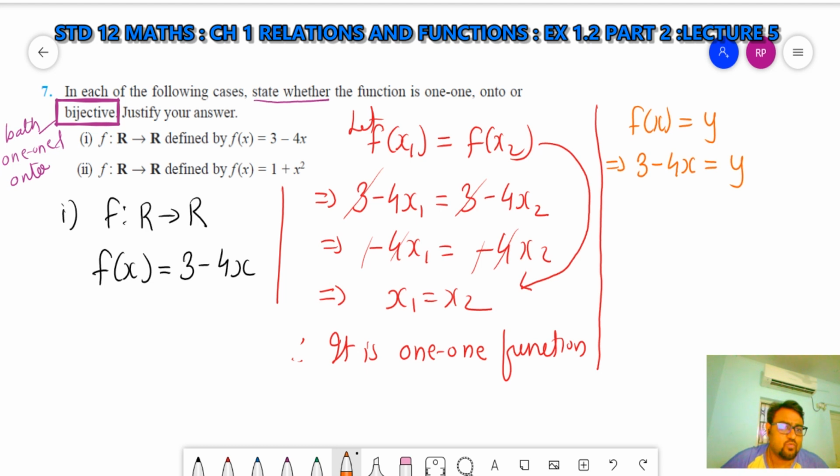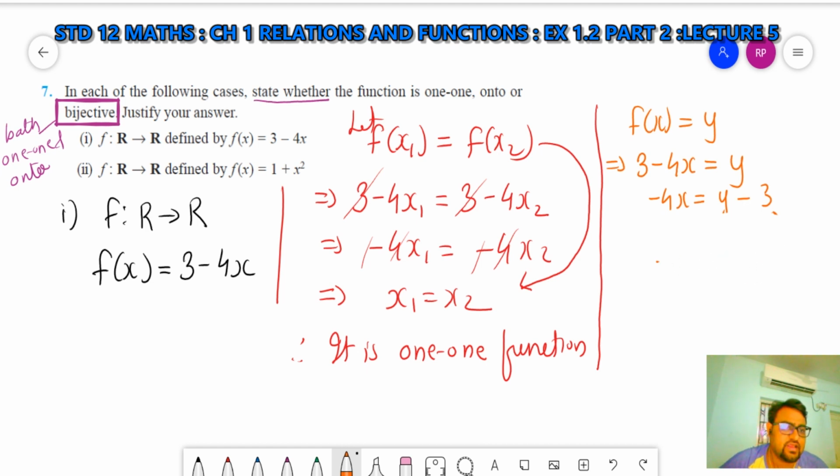So minus 4x equals y minus 3. Sorry, my mistake, I have taken a bracket here, so let me change it.